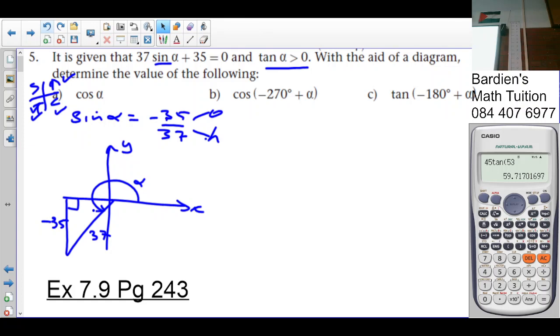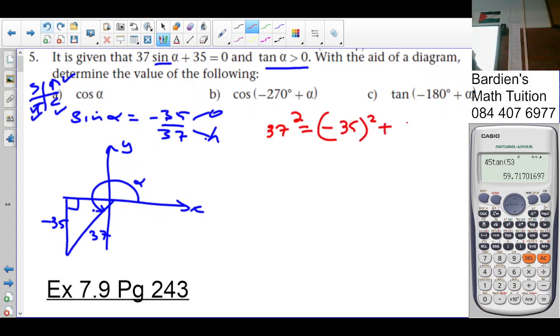So how do we calculate the adjacent side? And we know that the adjacent side is going to be negative. Why? It's the negative part of the x-axis. So let's go with the adjacent. So it's going to be 37 squared is equal to negative 35 squared plus your adjacent side squared.